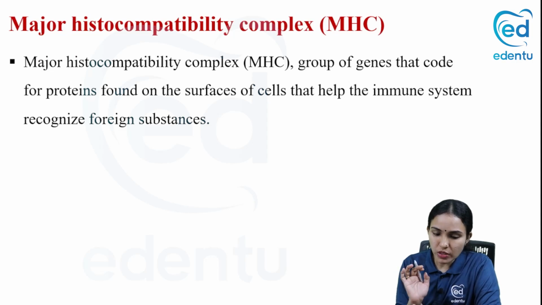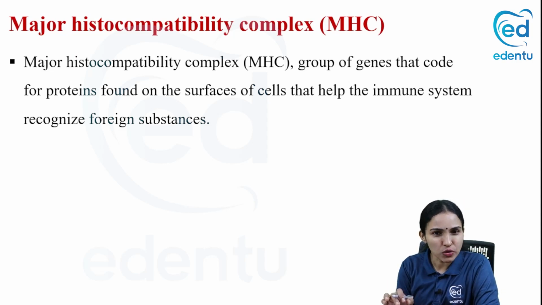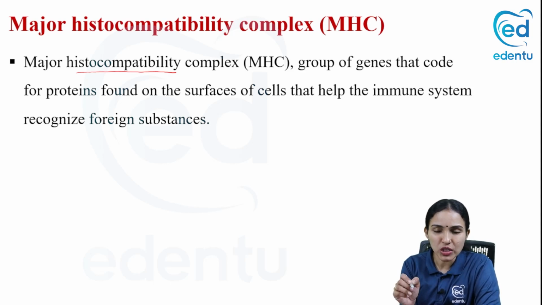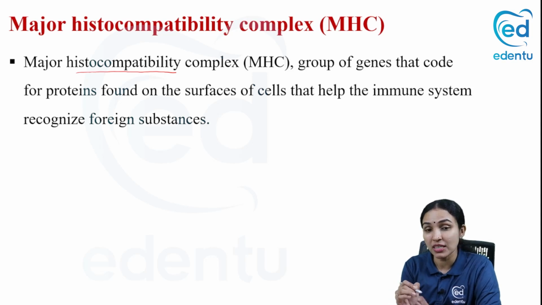Okay, the next topic is major histocompatibility complex. So this also you should be familiar with to know all the reactions taking place in the immune system. So what is MHC or major histocompatibility complex? The name indicates histocompatibility. So these molecules or these genes and the proteins they code are important in determining the tissue compatibility in case of a transplant or a graft.